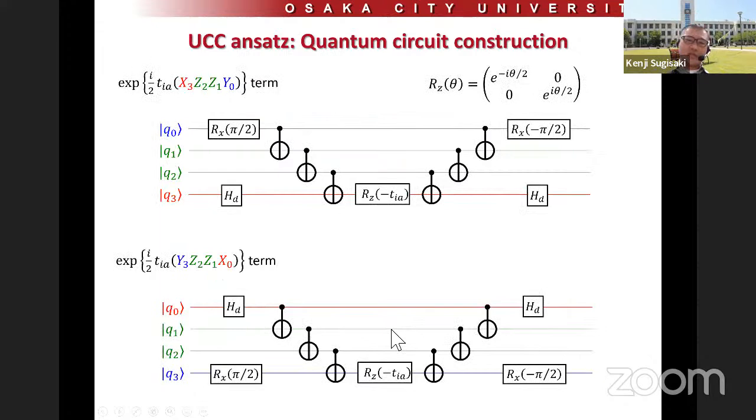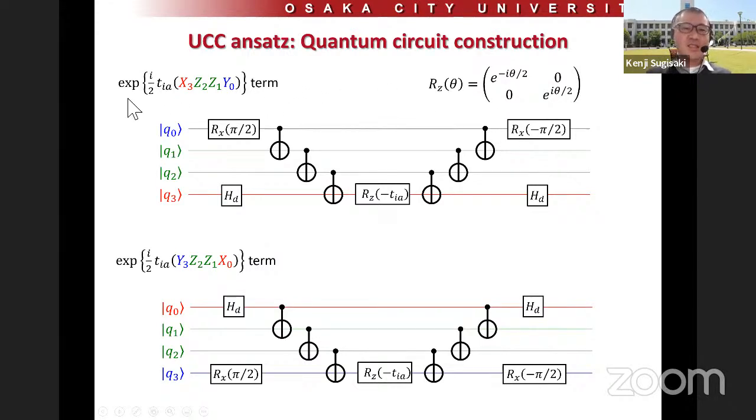The construction of this excitation operator is very straightforward and very similar to the time evolution operator, as I talked about in the previous talk.